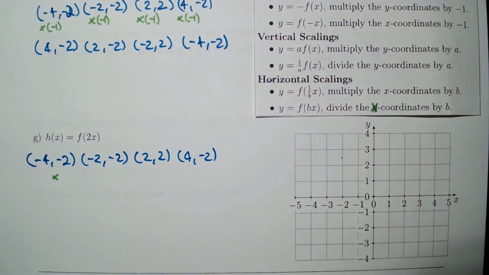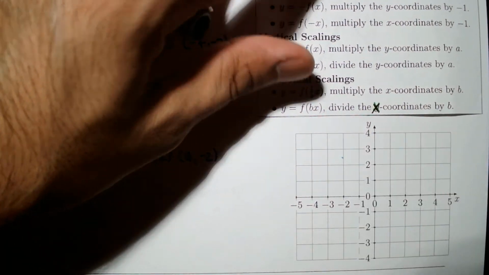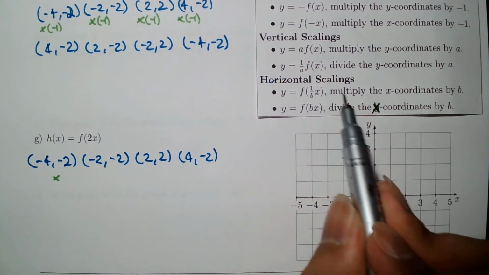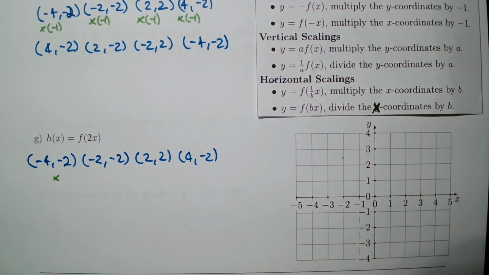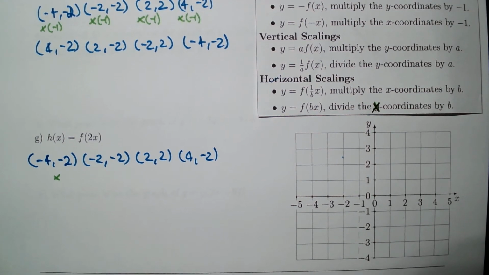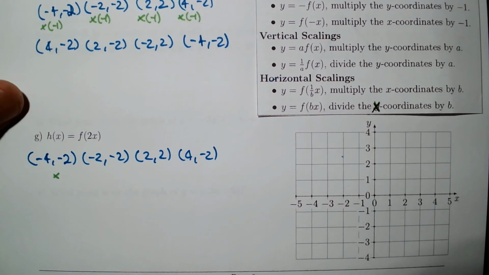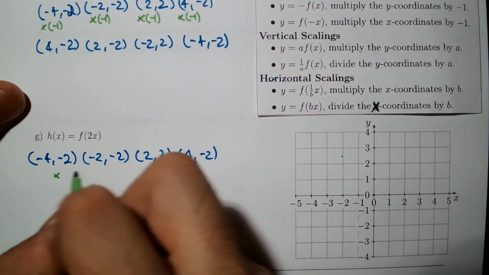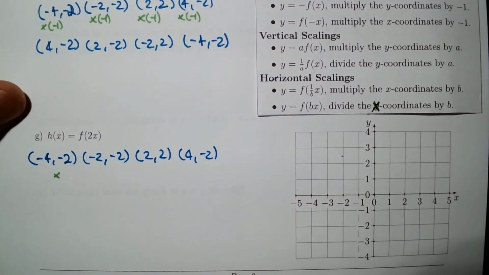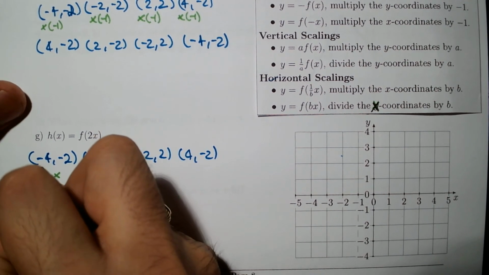I'm glad I saw this typo on this cheat sheet, because in this case we're talking about horizontal scaling, which doesn't make sense to change a y coordinate. It's an x. So I'm going to divide by b, or multiply by a half. Either way, I'm going to divide by 2.